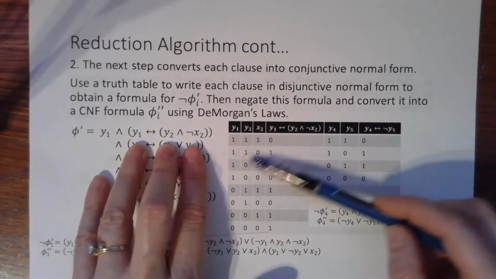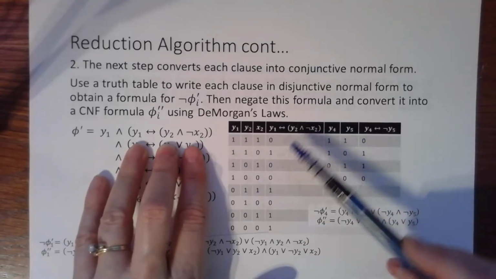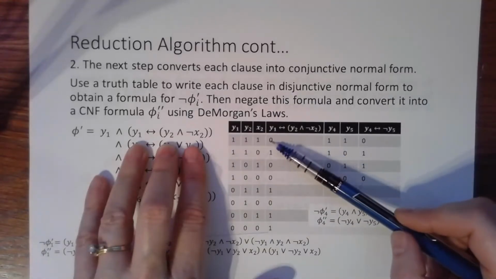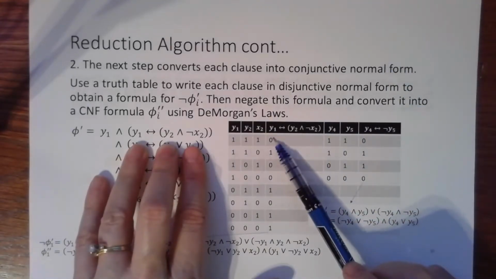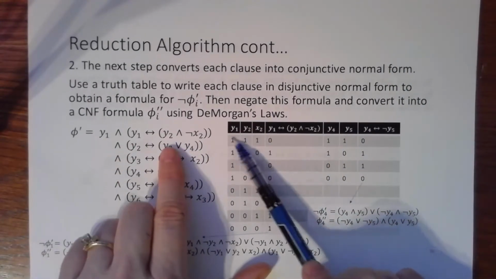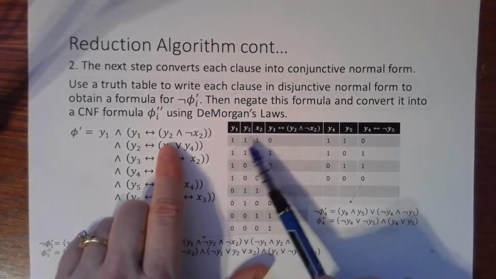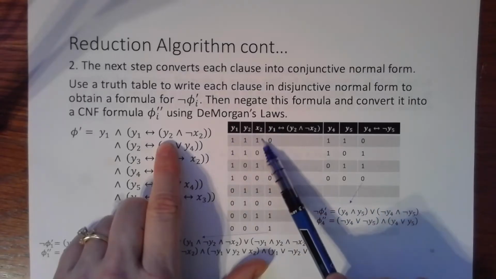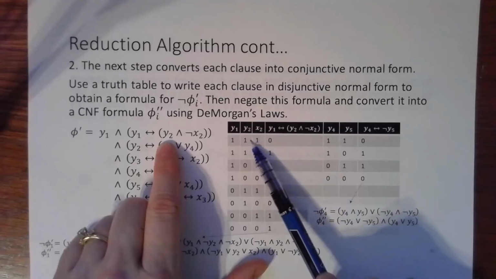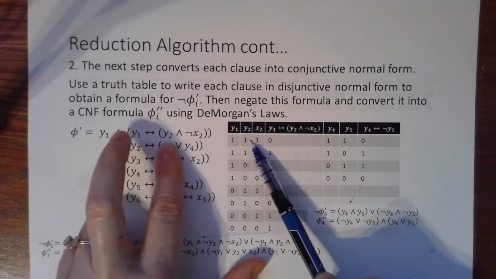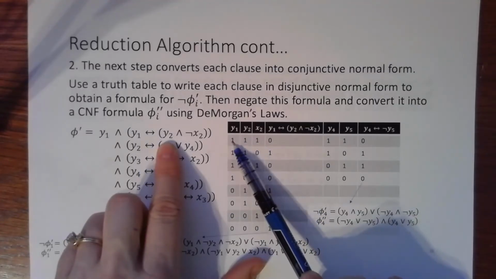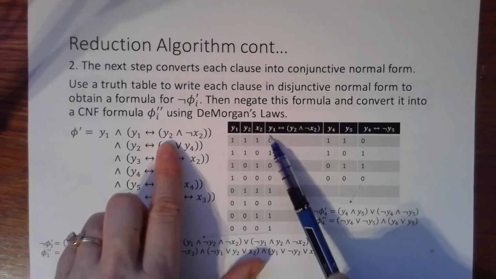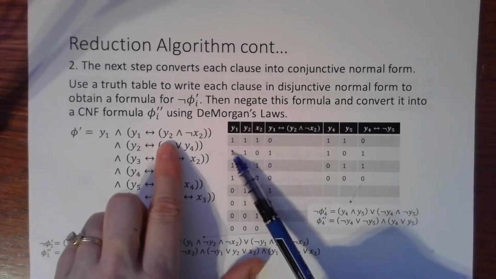I fill out my truth table and look at the output for each of my 8 possible inputs. For example, if all are true, y2 would be true, not x2 would be false, true and false would be false, and then y1, which is true, if and only if false, evaluates to false. That's where the 0 came from. And I would go through each line and do that.